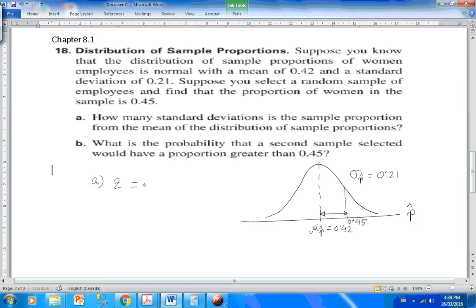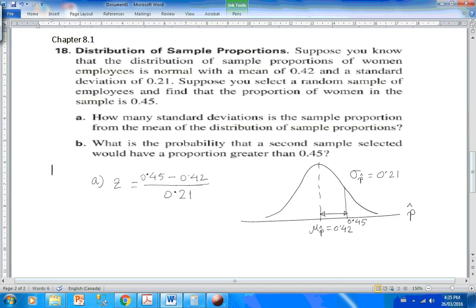To do that, I can figure out how far away 0.45 is from 0.42, which is the mean, and in terms of standard deviation, how many standard deviations away it is. So that's our simple definition of z-value.